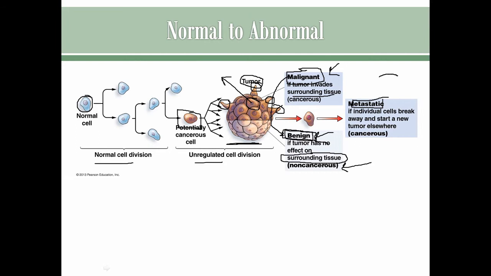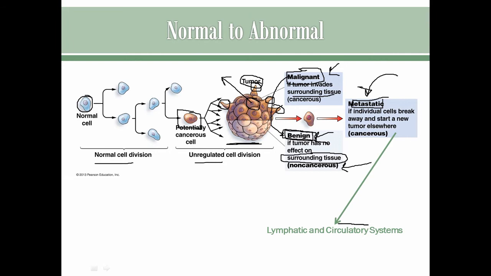We would call that cancer metastatic, or say it has metastasized. And obviously you've heard that cancers that have metastasized are an issue, because they not only invade the tissue where they started, they start to invade other tissues as well.